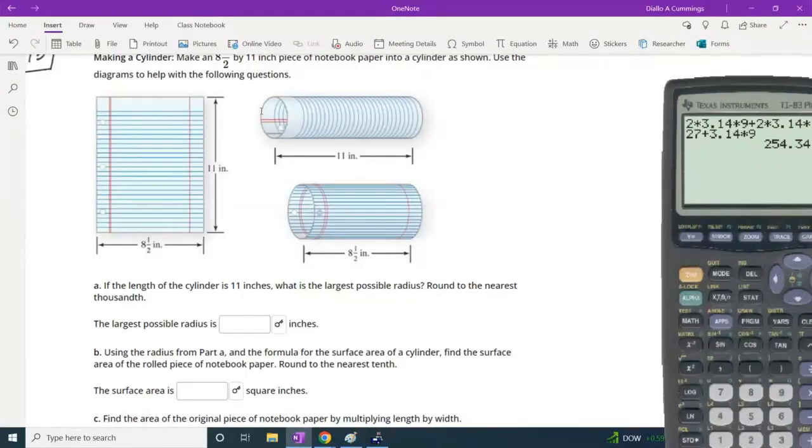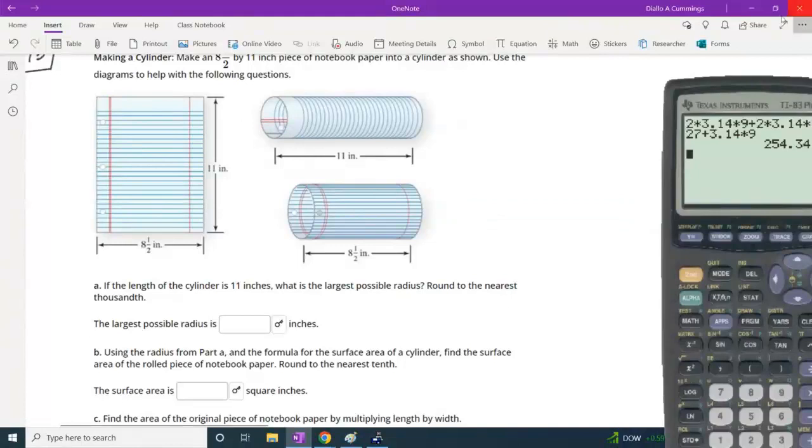So my circle has an 8.5 circumference, right? Because the circumference is the distance around an object. So if this is 8.5 flat, when I fold it in a circle, the length is not going to change. That's still going to be 8.5. Right? So that's this first diagram.